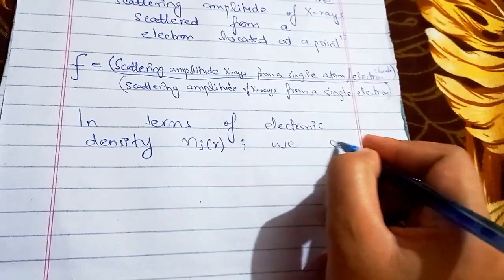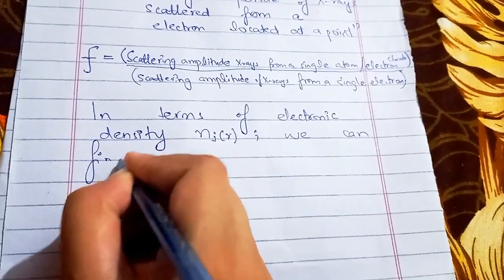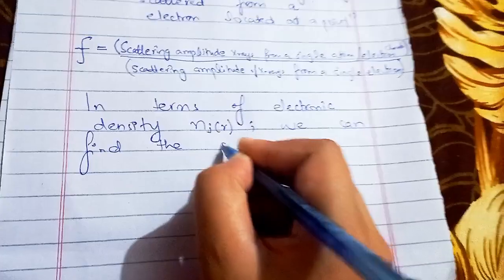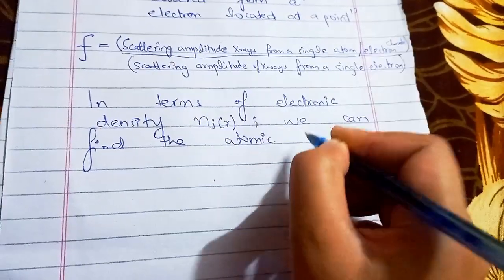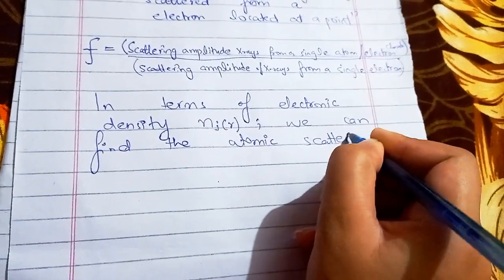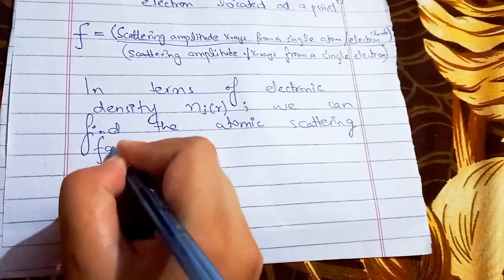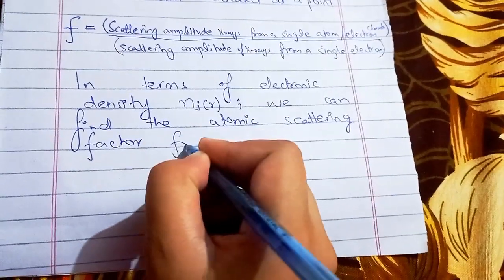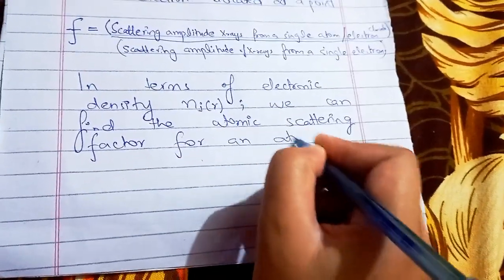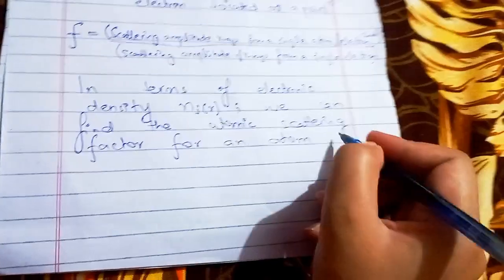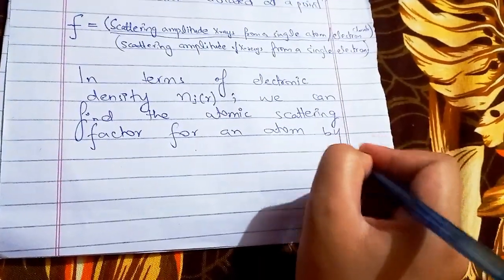We can find the atomic scattering factor for an atom by using the following formula.